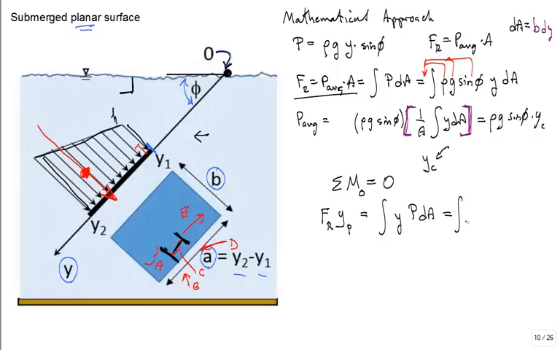Can I replace P by one of the first things we had, rho g y sine of phi dA? Can I take the rho outside the integral? Take the g outside the integral. Take the sine of phi outside the integral. What's left inside the integral is rho g sine of phi times the integral of y squared dA.